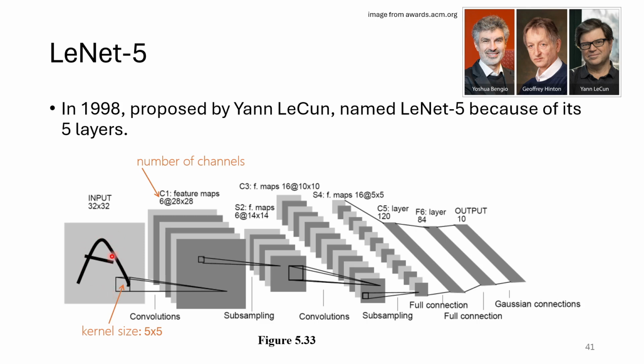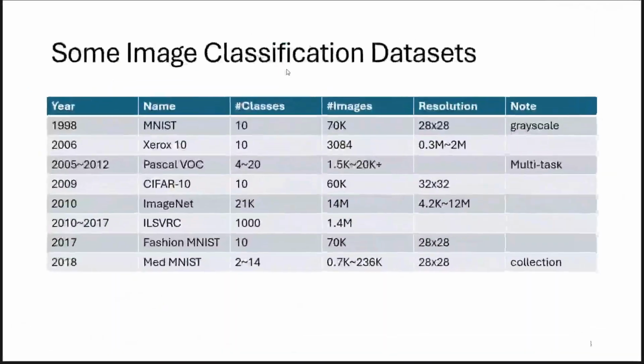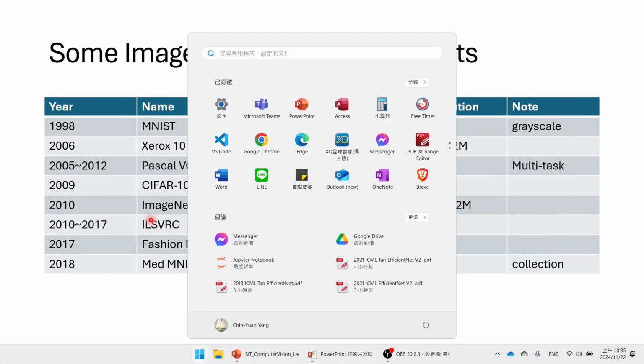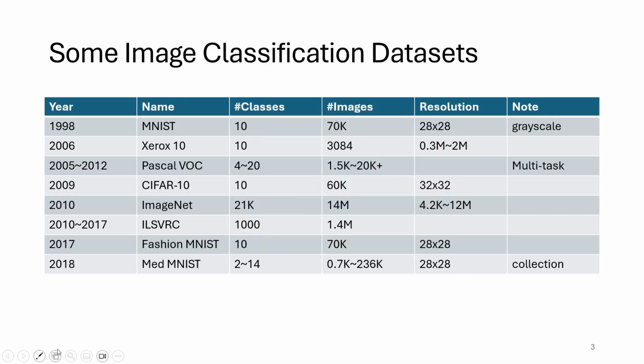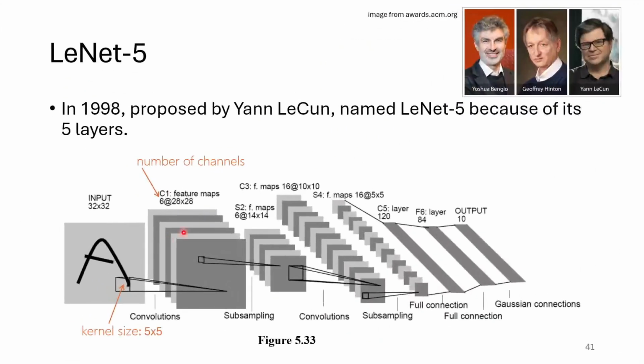So this is the architecture. Given an input image of 32 by 32, as you can see, this is 32 by 32. But you may ask, why, when we mentioned the resolution of MNIST is 28 by 28, is this different? The reason is, in the network, when he uses convolution, it will create a boundary.